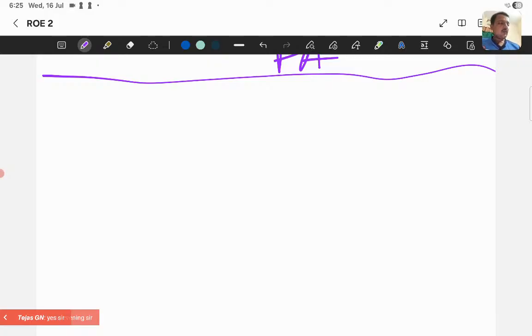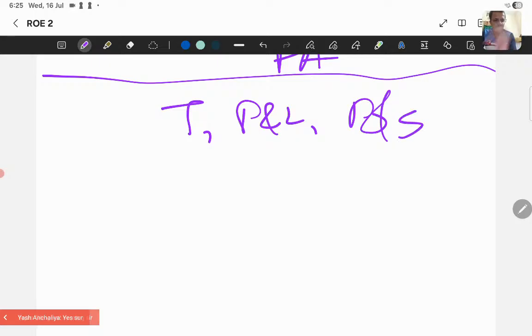Now, what happens when you are rectifying after the final accounts? After final accounts is a stage where you are done with your final accounts, namely trading, profit and loss, and balance sheet.